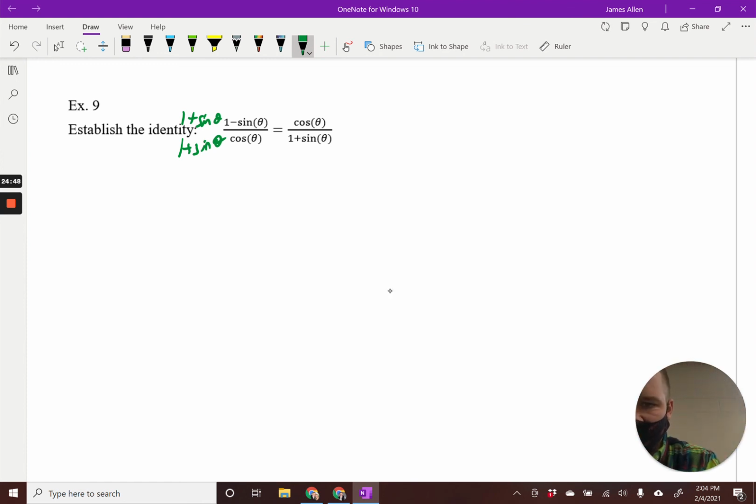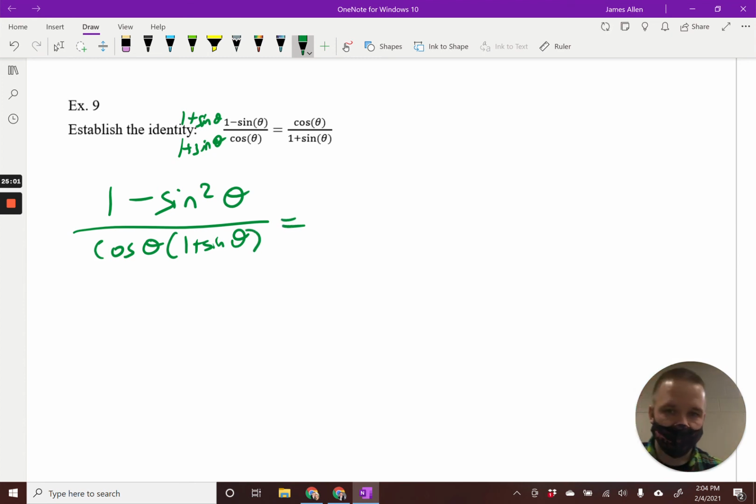So in my numerator, I'm going to have 1 minus sine squared theta over cosine of theta times 1 plus sine of theta. Now, what if I were to replace the 1 minus sine squared theta? I can replace that with cosine squared theta, right?